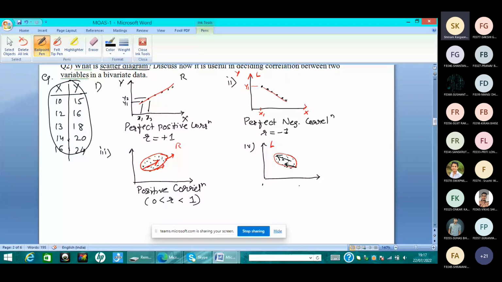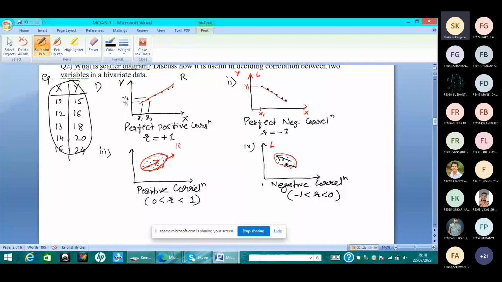Second point, these are not on a straight line. So you can say that just a negative correlation is there. The values of r, the correlation value, will lie between 0 and -1.